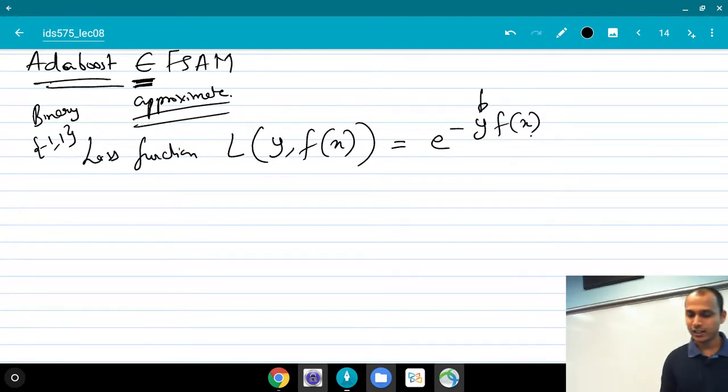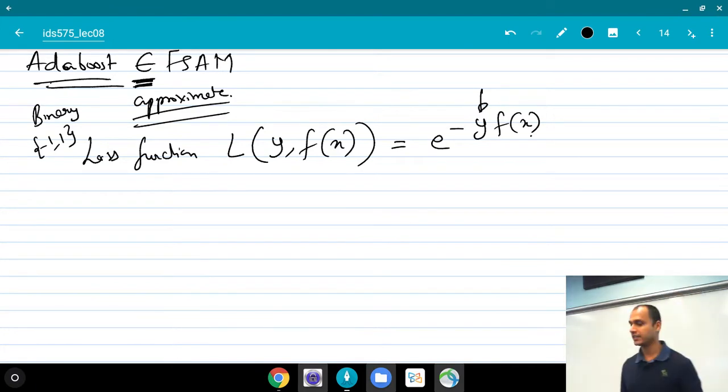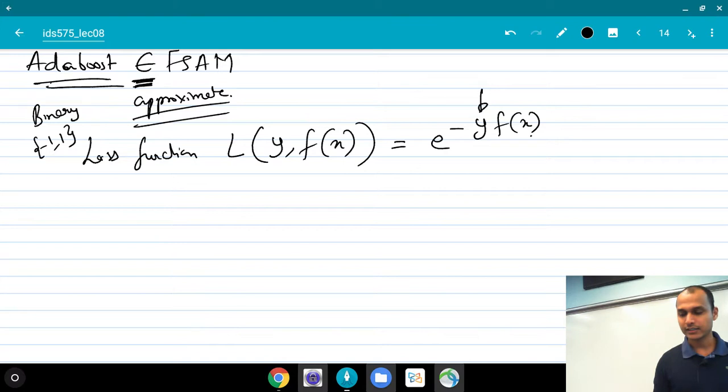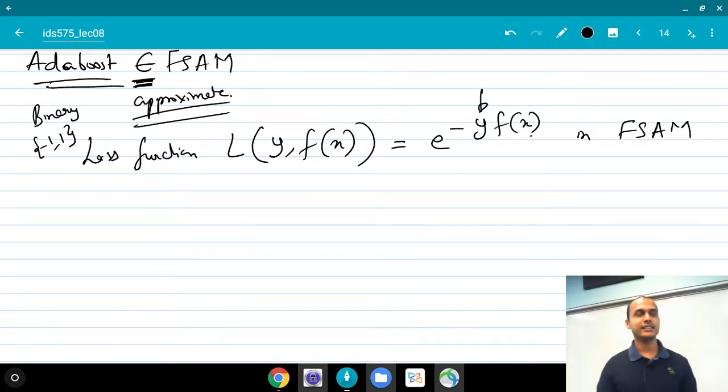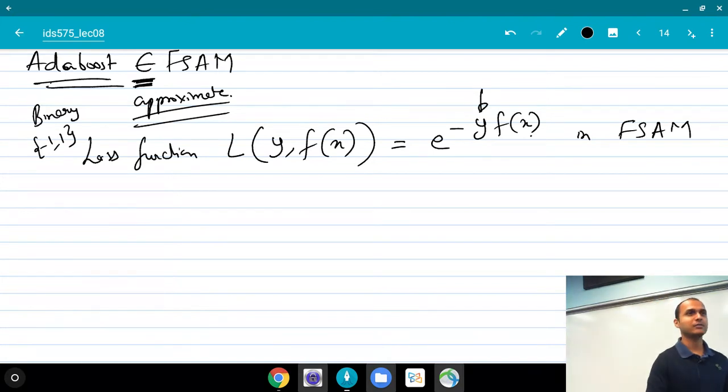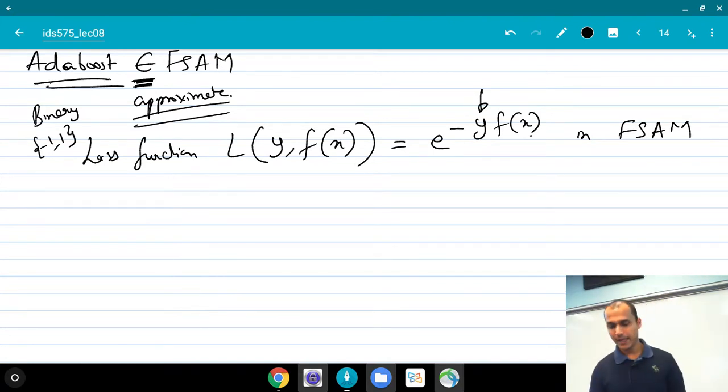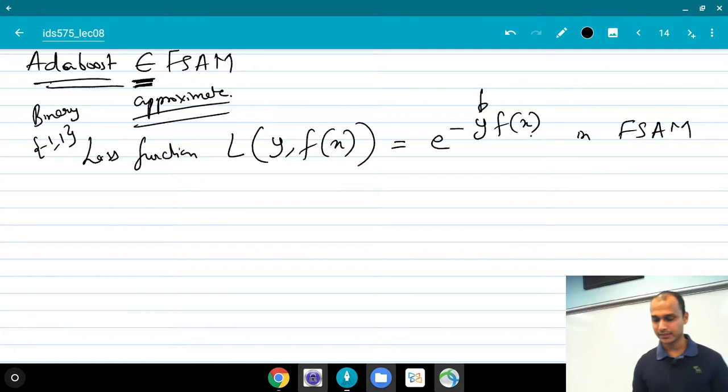There are many loss functions like this. If I have time, I'll give an example of a few others. But let's say this is the loss function in forward stage-wise additive modeling. We'll start from the FSAM algorithm and see if it resembles the Adaboost setting, which is the procedure details.